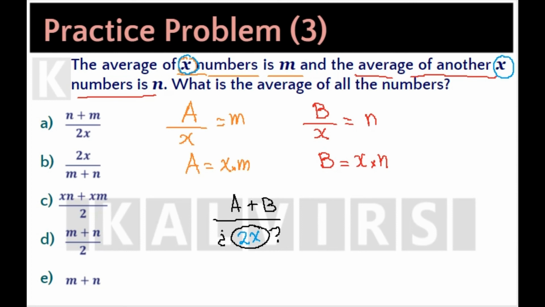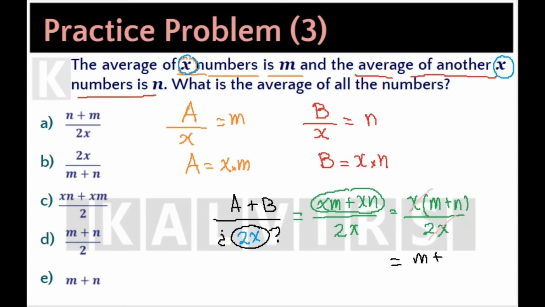So finally we get x times m plus x times n over 2 times x. We can make the following simplification. Finally we get m plus n over 2.